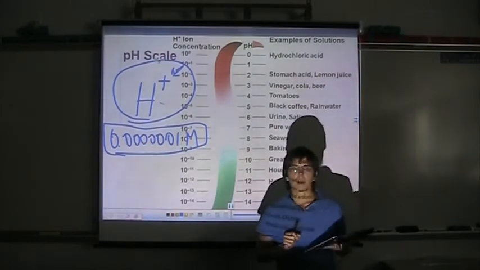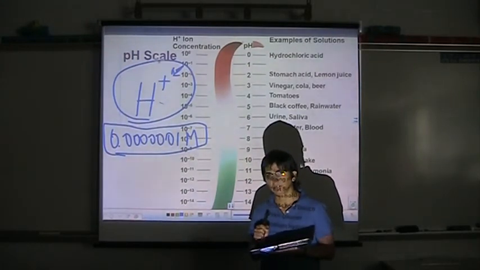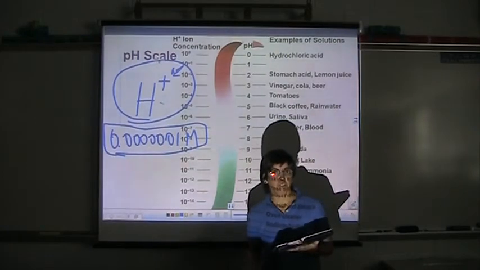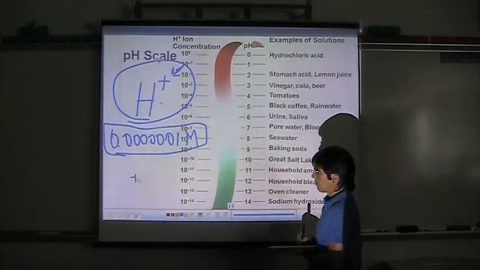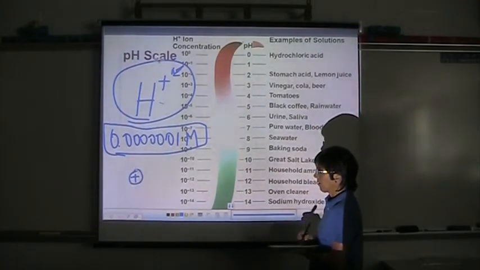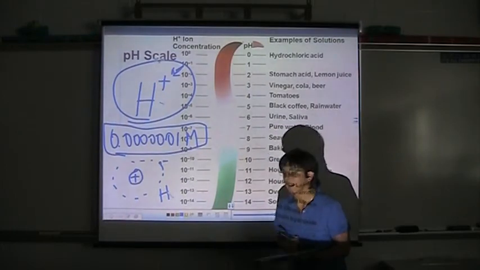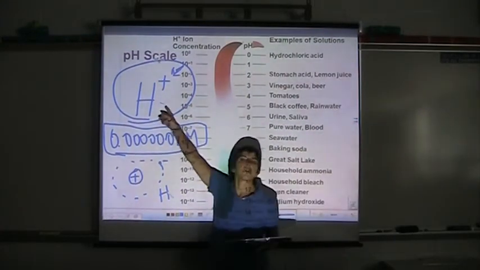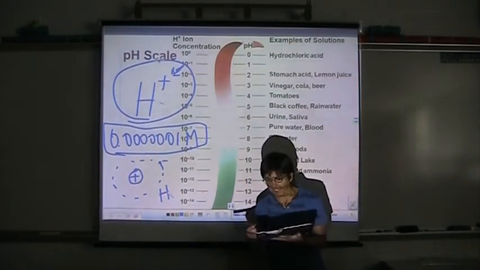One last thing, a parting thought. What is a hydrogen ion? A hydrogen ion is a hydrogen, right? What makes a hydrogen atom? A hydrogen atom is a proton with an electron flying around. This is hydrogen, right? Right. What is a hydrogen ion? It has a positive charge. So what is the hydrogen missing?